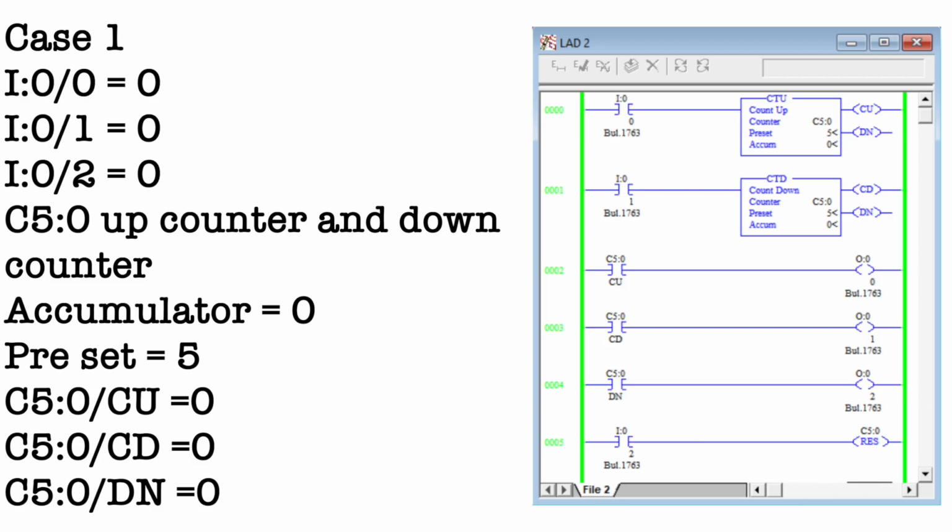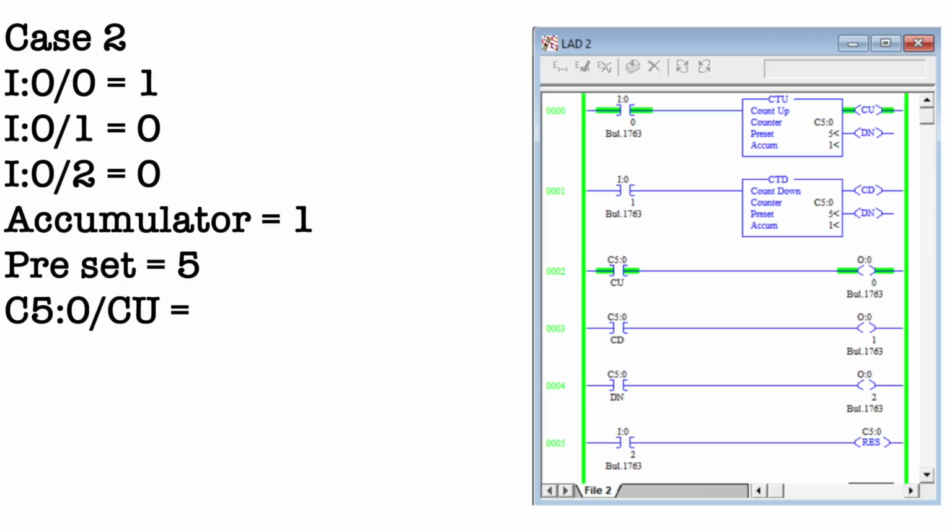But in the case of the down counter, you can see the preset value is 5 and the accumulator value is 0. That's why the preset is high and the accumulator is low, so the down counter also doesn't provide the done bit, right? So all the bits are 0. That's why the outputs connected to the CU bit, CD bit and done bit are also 0, and all the outputs are 0, right?